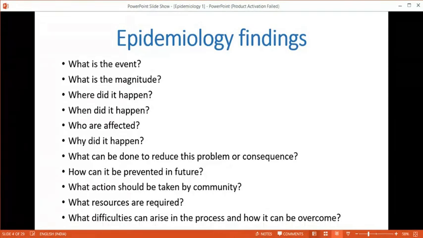So we need resources for the health education, and we have to make sure the water is filtered. We have to have control checks at various points to make sure the water supply doesn't have many organisms, and these things have to be found out.